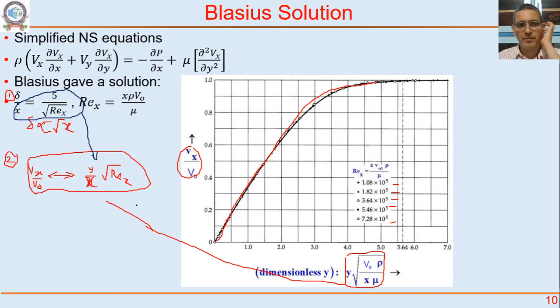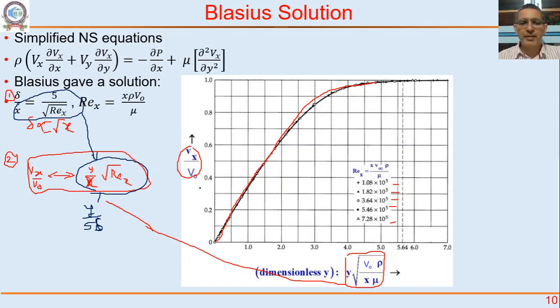Square root Rex is like 5x by delta. So this variable is like y divided by 5 delta. So if I make y dimensionless by delta, and Vx dimensionless by V naught, I get a behavior which is the same for all values of x. That's the beauty of making things dimensionless. Okay.